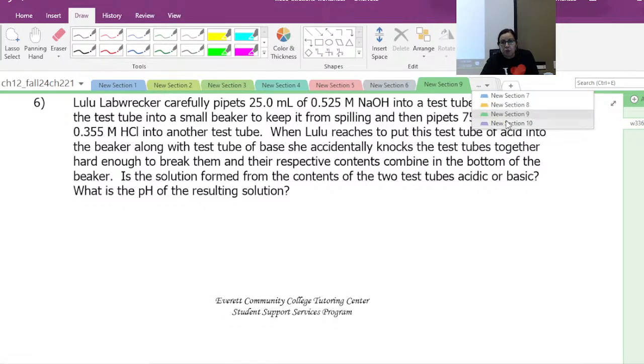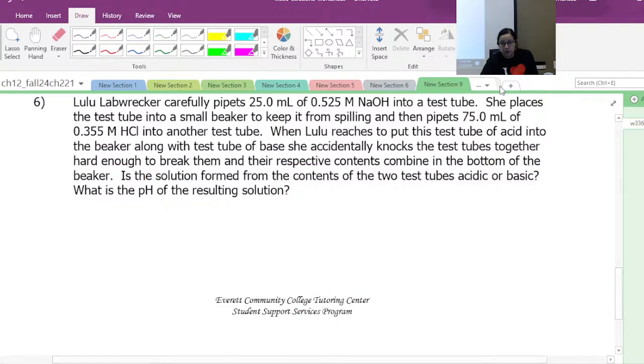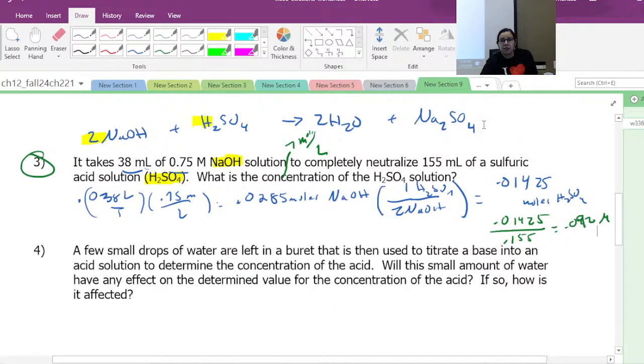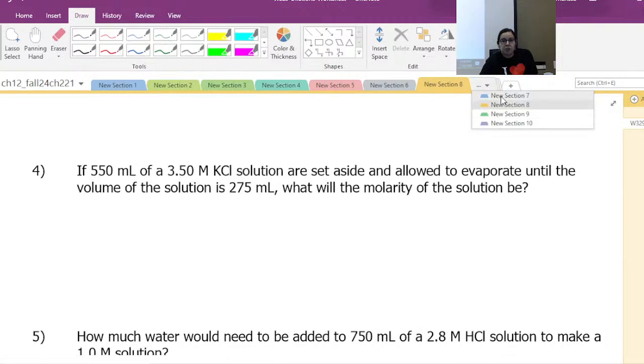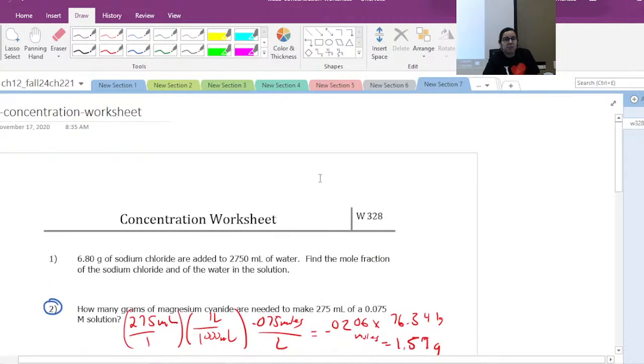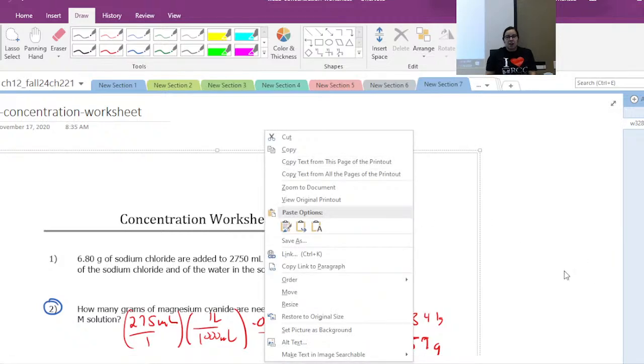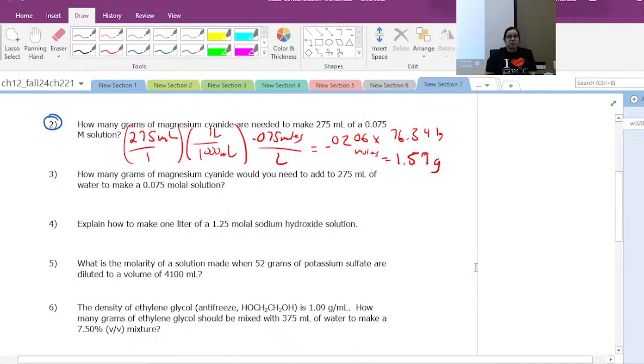We'll probably have to revisit solutions later as we continue on through the course. I wanted to point out, if you look at page 7, this concentration worksheet has stuff that we didn't talk about explicitly. For instance, it mentions molal. Molal is little m, molality, moles over kilogram of solvent, but we don't really use molality too much.